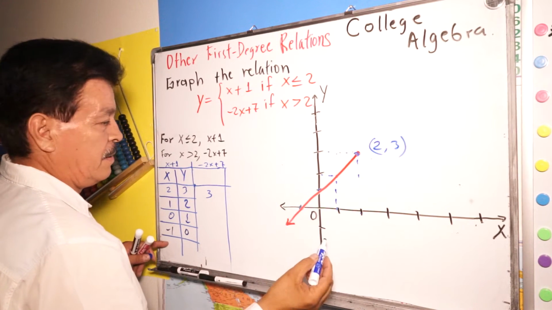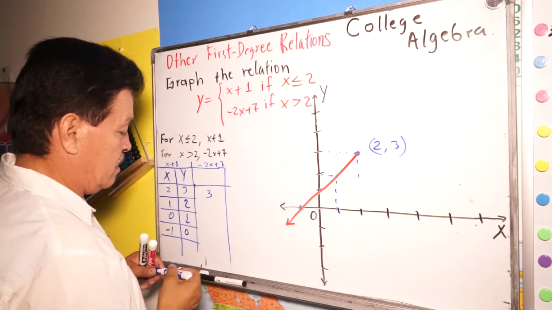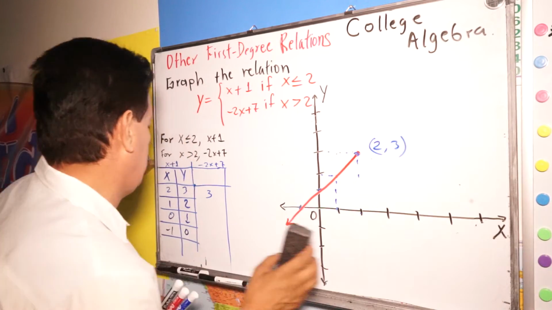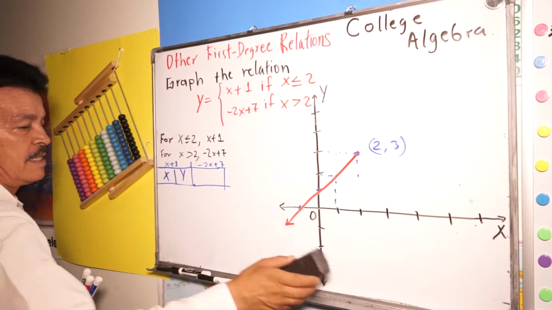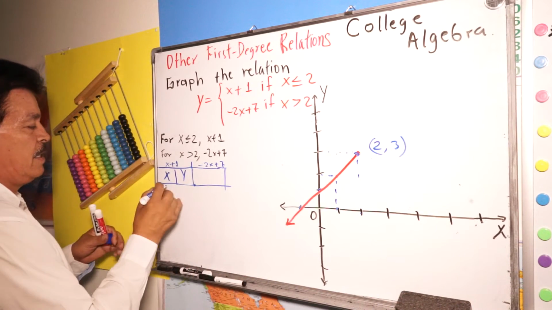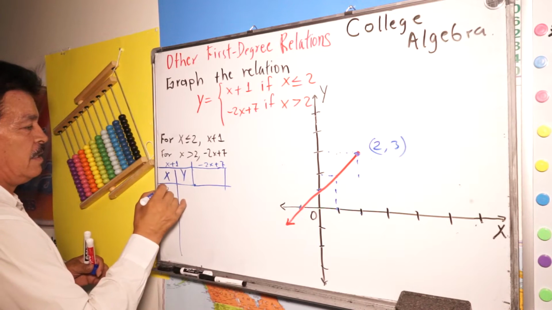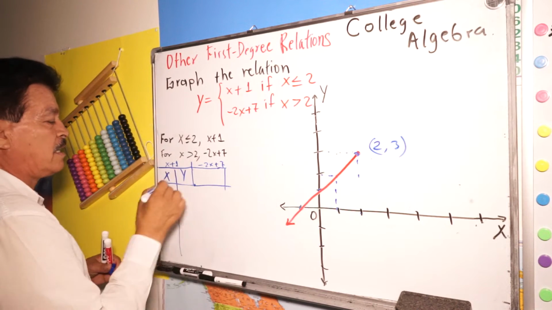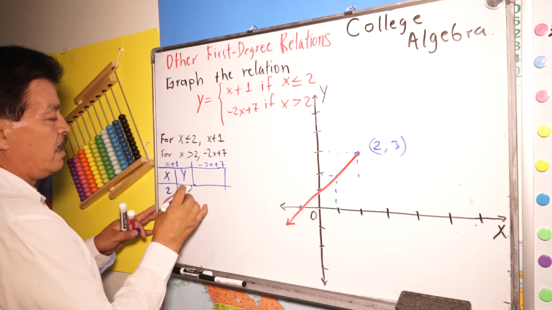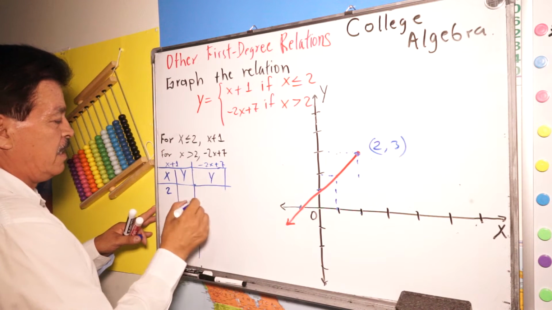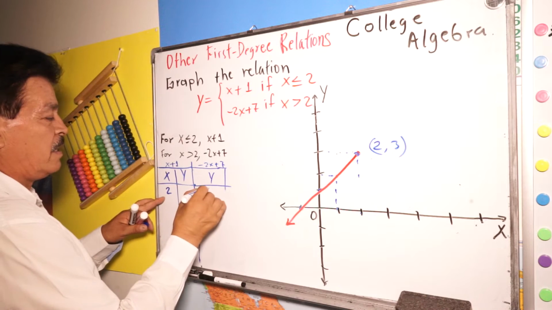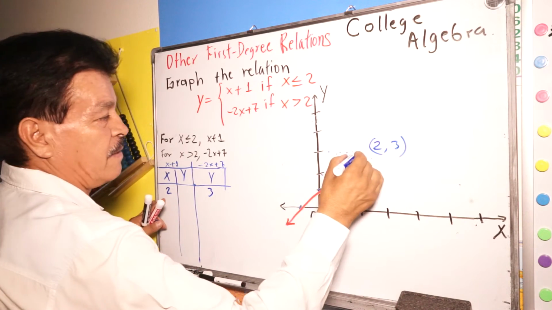But let's give it different numbers, not the same, because sometimes it's confusing. Let's write it here. The first one is okay. Let's start with the same point, 2. So here we know y is going to be 3. So 3 is fine right there.